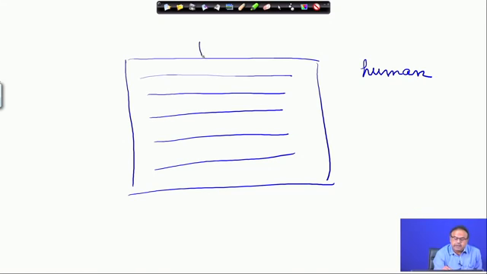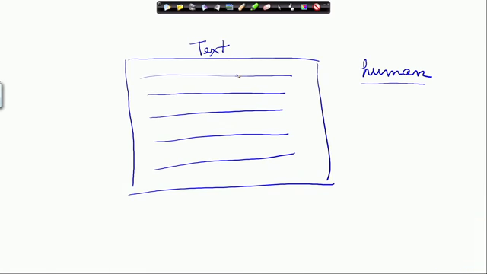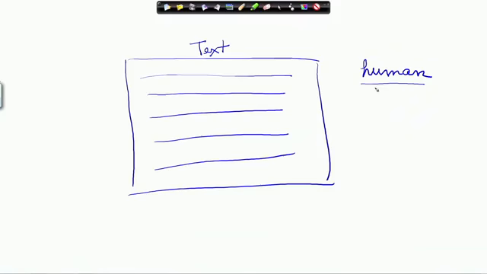So, this is my text and I want to see how many times the word human occurs in the text. Also, the problem can be much more complicated. Now, this is another type of problem where I have to look at every word and see, is it a human? No. Is it a human? Yes. So, accordingly I will have to go on counting, all right.